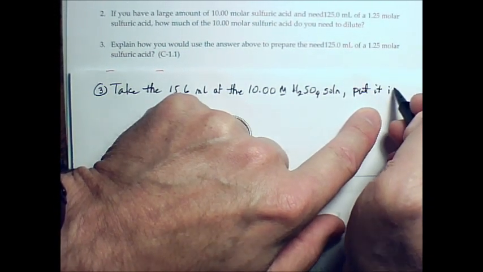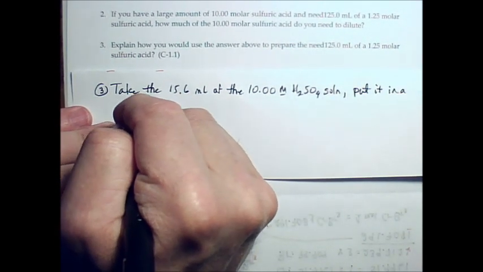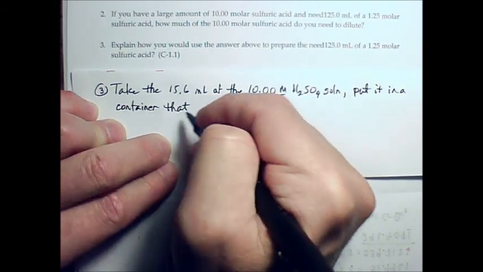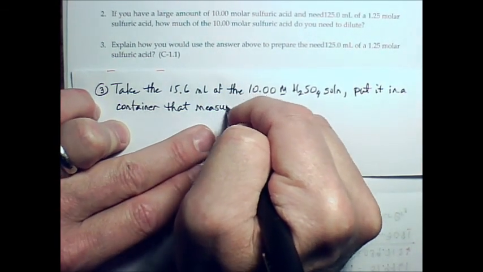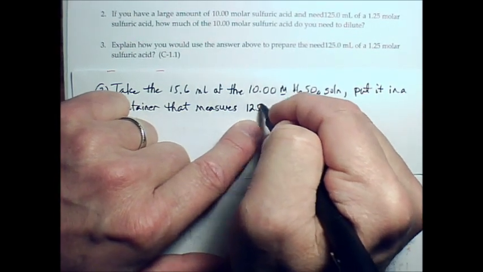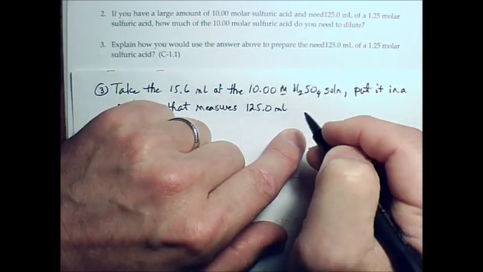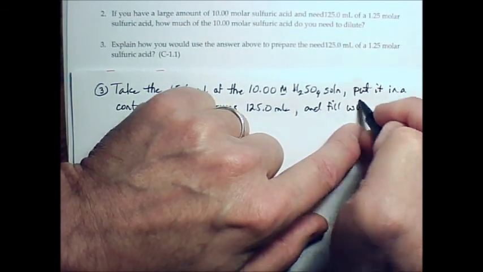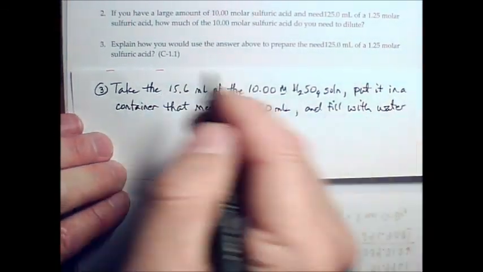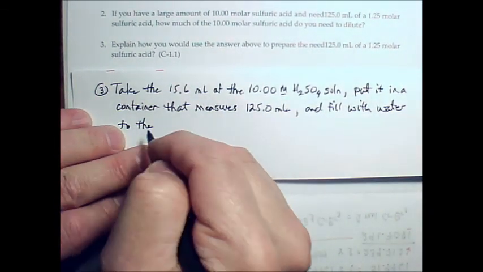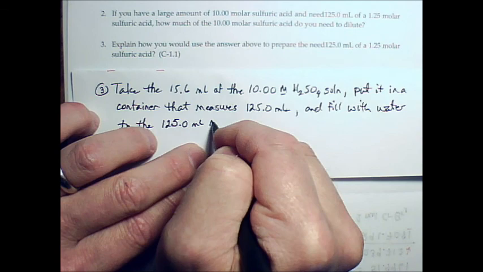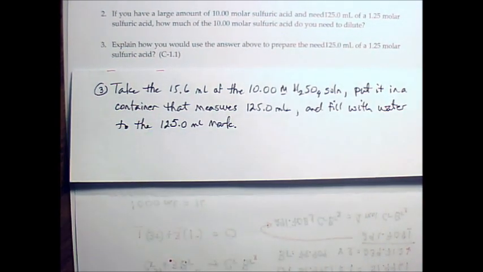Put it in a container that measures 125.0 milliliters and fill with water to the 125 milliliter mark. Okay? That's it. That's how you dilute it.